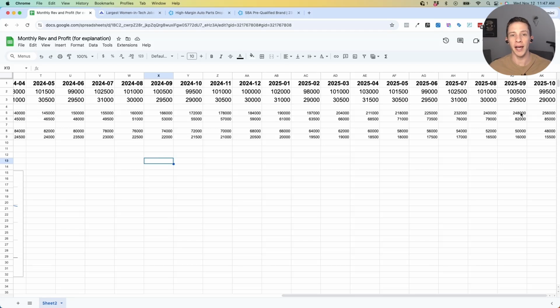What a lot of buyers do, just like the broker that established the asking price, is look at the performance over a certain period of time, like 12 months, and say, okay, the average profit is X. In this example, and mind you, this is not real data at all, just made up for demonstration purposes, it is $30,166 per month.